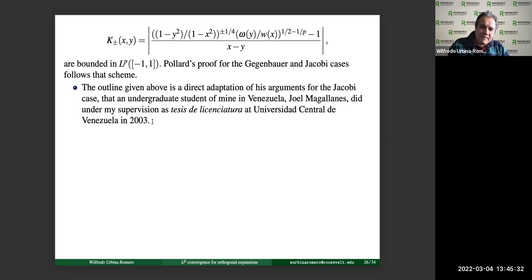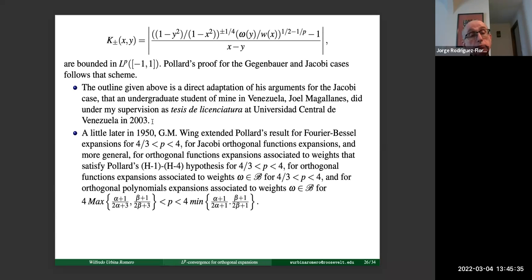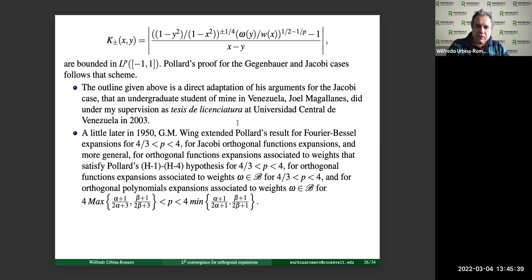Right? Okay. In 1950, Wing extended the Pollard result for Fourier-Bessel expansions, and again the range in that case was 4/3.